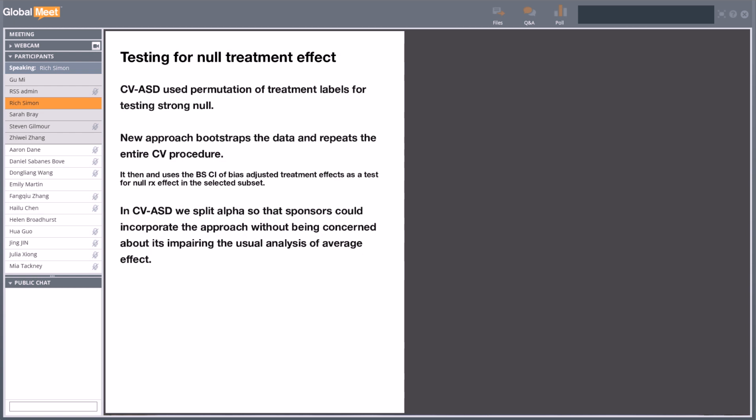The new approach uses bootstrap sampling, and it claims that it's actually testing a more precise null hypothesis of no treatment effect in the selected subset. If so, that would be an important advance. I understand the logic behind it, and I think it's probably right, but I would like to see some more evidence about it. That'll be involved in one of the questions I raised for Zoué.